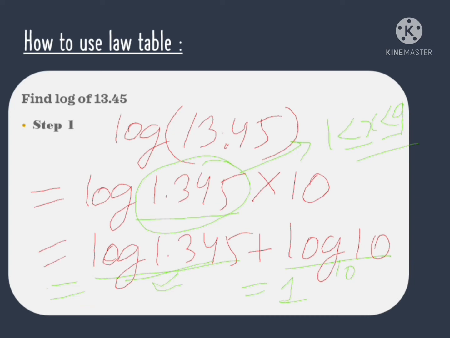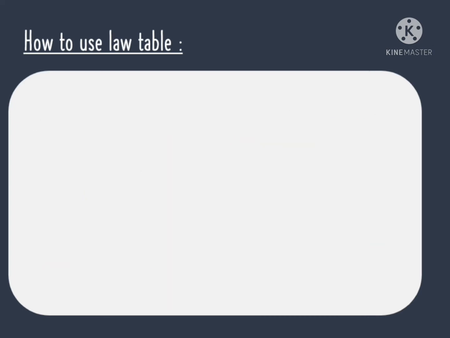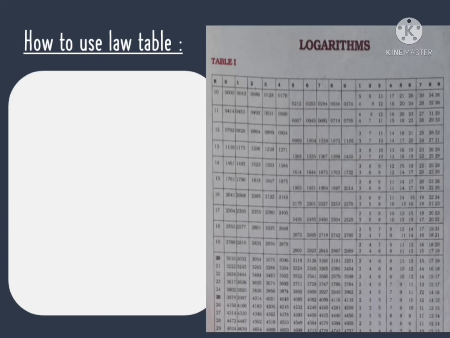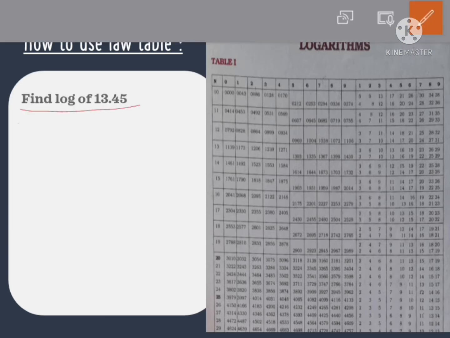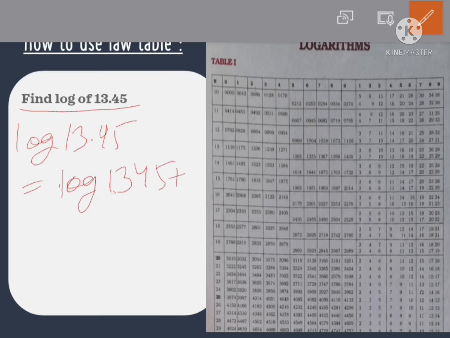So now apply it to the log table. Previously I know that log of 13.45 is equal to log of 1.345 plus 1, and we find this value using the log table.